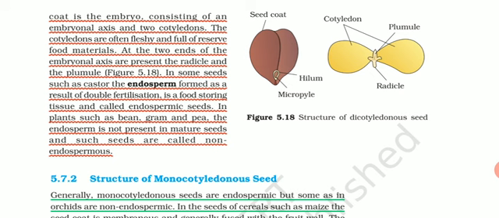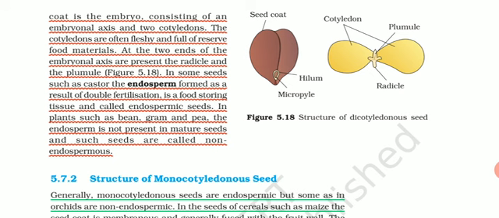If we talk about some seeds like castor seeds, you must have heard about castor oil, right? In these seeds, one special tissue is present which is known as endosperm. If you remember chapter number 3, we talked about double fertilization in angiosperms. When one male gamete fuses with the egg, it forms the zygote, and the second male gamete fuses with the polar nuclei, that is the central cell, and it forms endosperm.